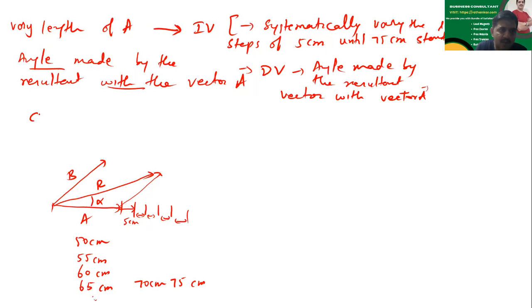The next one is about your control variable. What is your control variable? Something you are going to control. Most students make a mistake when it comes to control. They think, I am controlling a variable, so that is a control variable. That is completely incorrect. A control variable is one which is kept constant throughout your experiment, because if you change the control variable, the experiment changes totally.